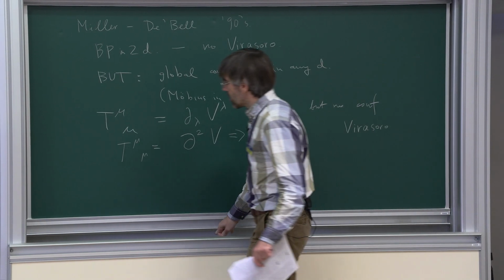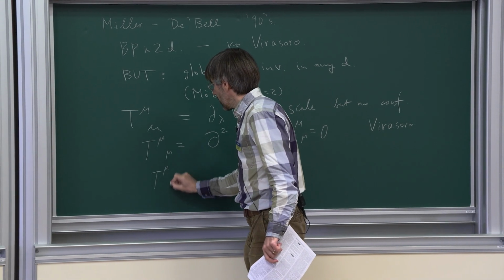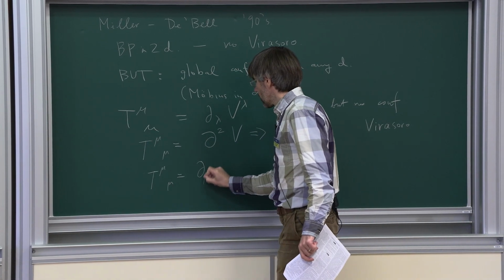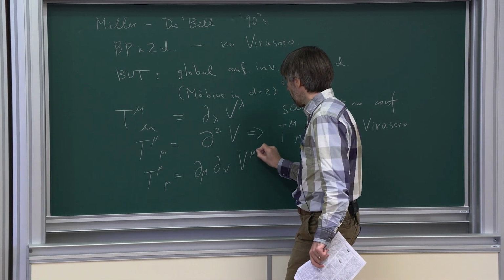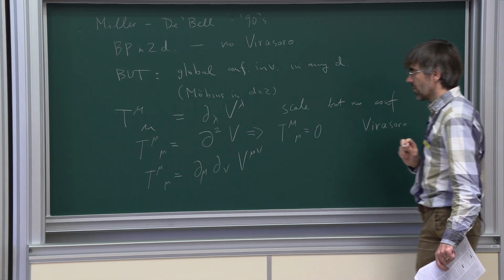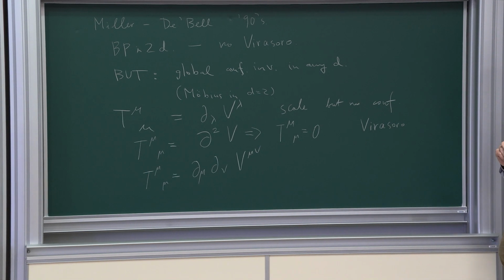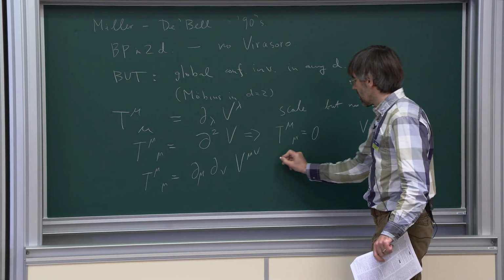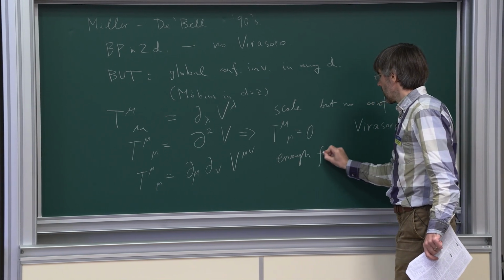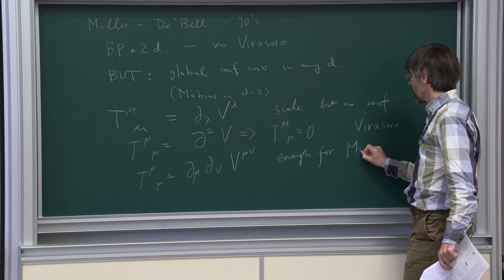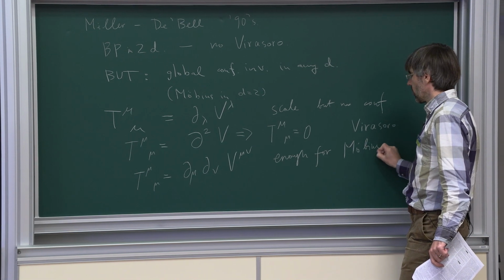But if the trace is equal to the double divergence of some 2 tensor in 2D, then this is enough for Möbius. You can check.